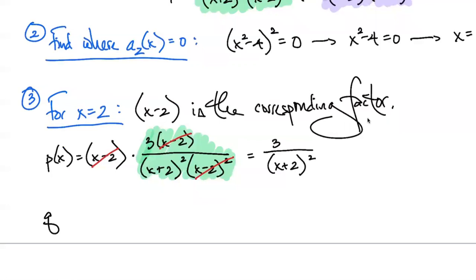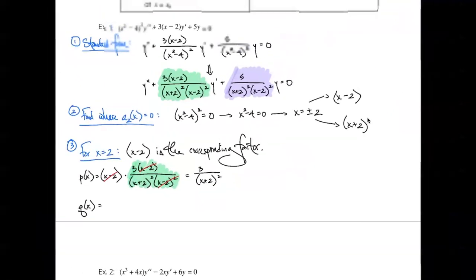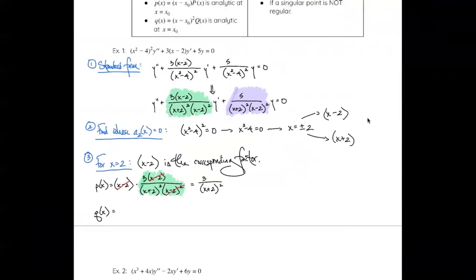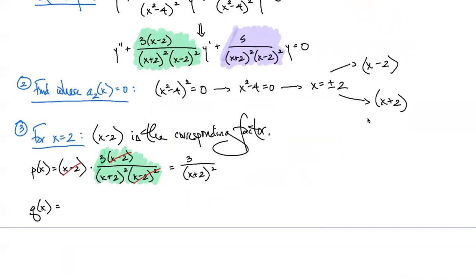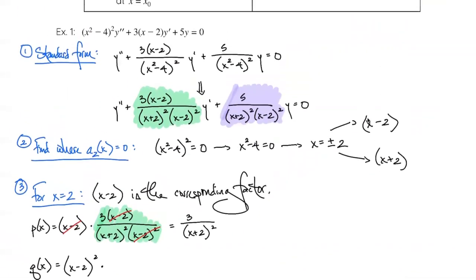I'd like you to do the same thing for the q of x, except this time we notice that for the q of x, we need to have that x minus 2 squared. Okay. So you're going to set things up the same way, and since we're looking for the q of x, you're actually going to multiply by the purple term.